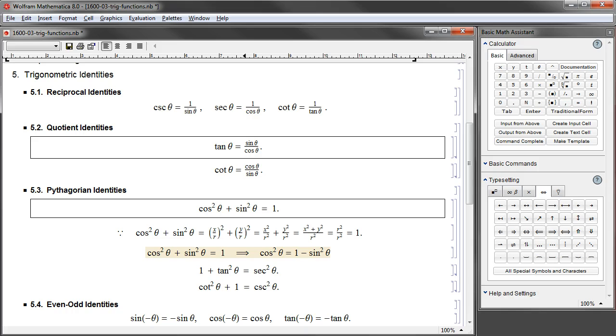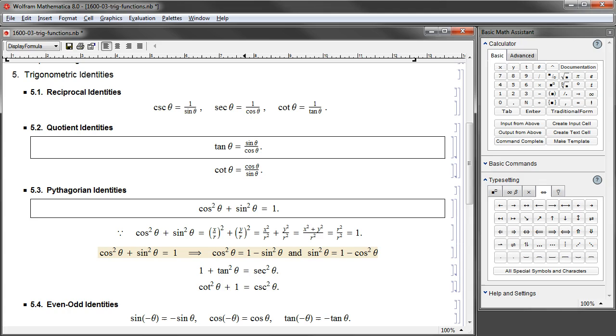So if you have a cosine squared function, and you have to re-express it in terms of sine, you can use this. And vice versa too. Sine squared can be rewritten as 1 minus cosine squared if necessary.